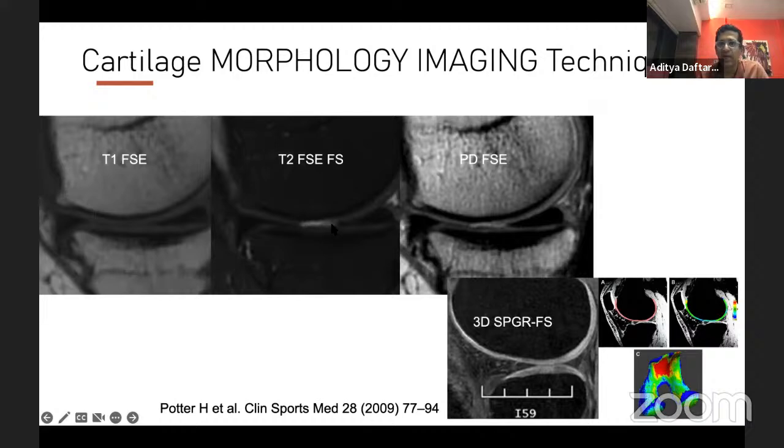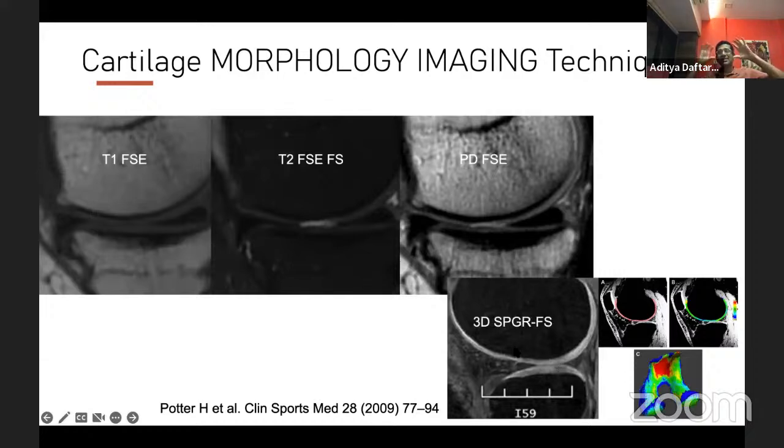You have disrupted cartilage, and therefore it has fluid signal, and you see it quite discretely. And similarly here on this proton density image, also you can see it quite clearly. And on top of that, with these proton density images you can sometimes see the detail of the cartilage defect a little bit better, because these are better resolved images than the fat suppressed images. A gradient echo sequence is another sequence that people have used to look at cartilage.